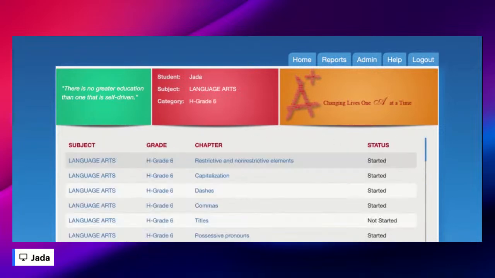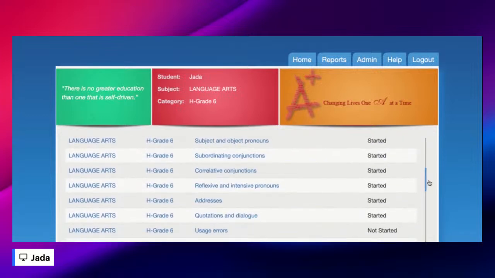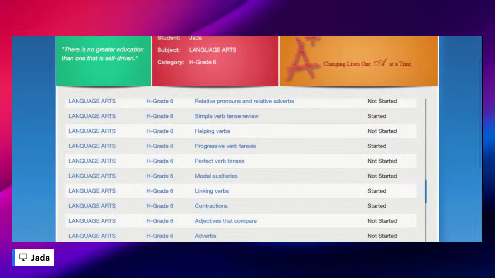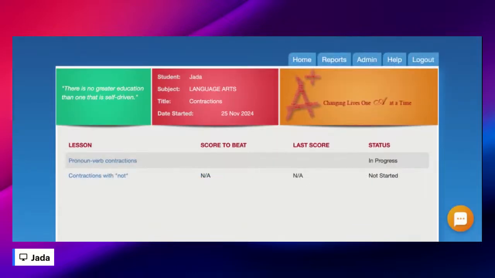From Grade 6 we will get contractions. We have the first lesson, which is pronoun-verb contractions.